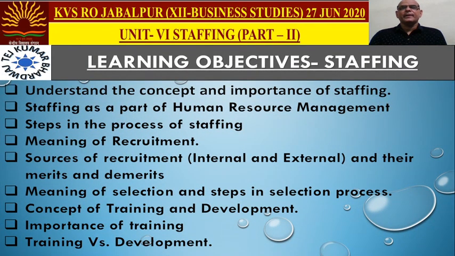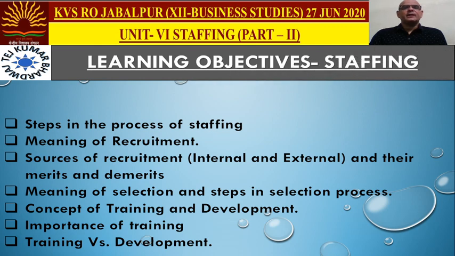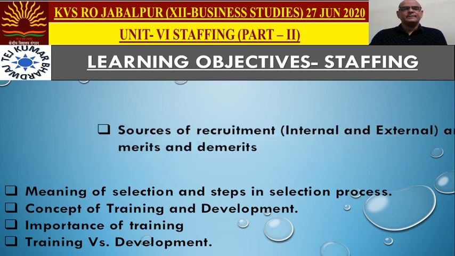These are the learning objectives of the staffing chapter. We have already covered the concept and importance of staffing, staffing as a part of human resource management, staffing in the process, steps in the process of staffing, meaning of recruitment, and sources of recruitment, internal as well as external, with their respective merits and demerits.